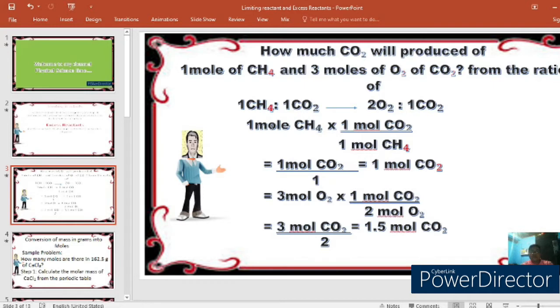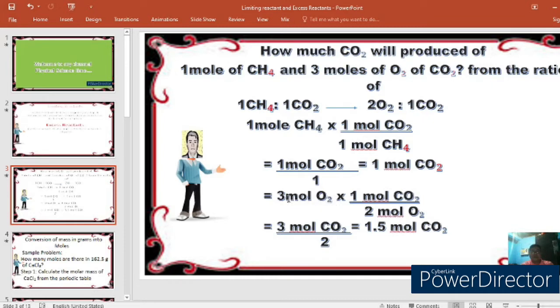So this time we have to cancel this 1 mole CH4 here, and the same here, 1 mole CH4 here, cancel this. What is left is 1 mole carbon dioxide over 1. That is equivalent to 1 mole of carbon dioxide. Okay, next. 3 moles O2 times 1 mole of carbon dioxide divided by 2 moles of O2.